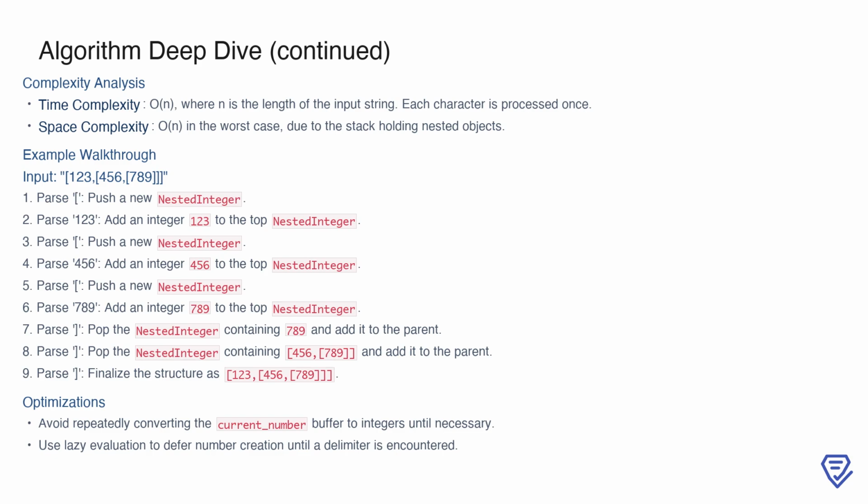Similarly, the next bracket initiates another nested integer for 789. Closing brackets progressively pop and merge nested integer objects until the structure, [123,[456,[789]]], is finalized. To optimize further, we minimize redundant integer conversions by delaying them until necessary and using lazy evaluation for number creation.